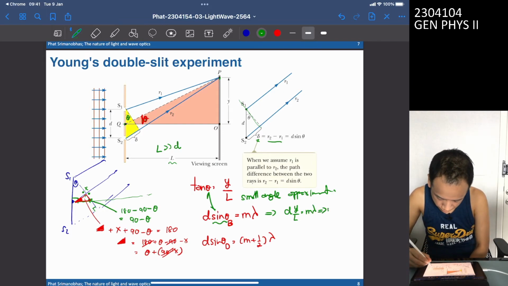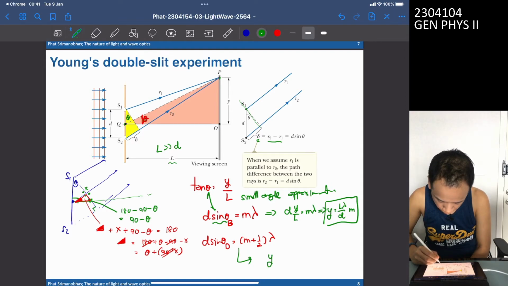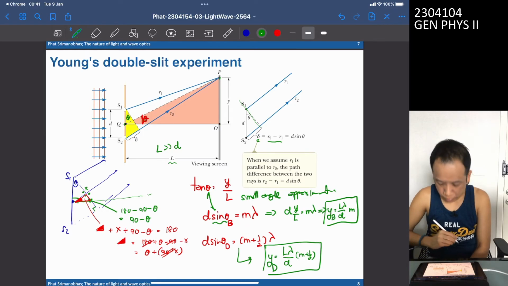Arranging it, you get y equal to L lambda over d times m. Likewise, y equals L lambda over d times m plus half. This is for the bright fringe and this is for the dark fringe.